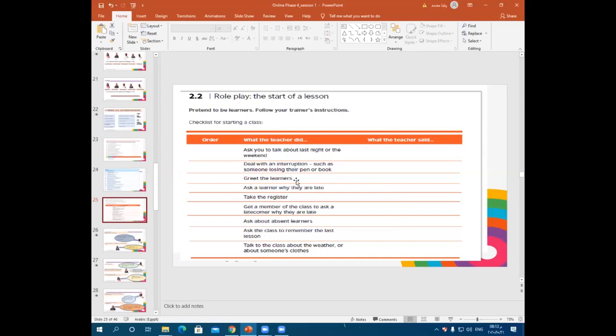And of course, we take the register if someone is absent, and we ask the class to remember the last lesson as a review. Of course, every one of us has his own plan to do his class, right? Okay, so let's move to another part.